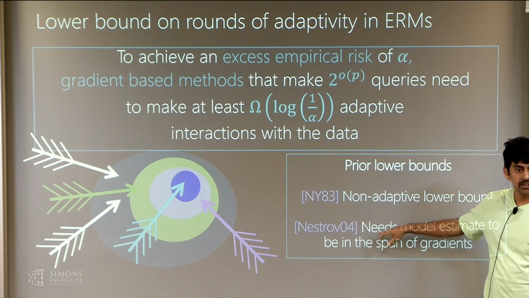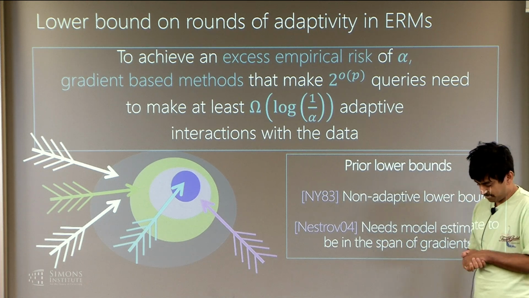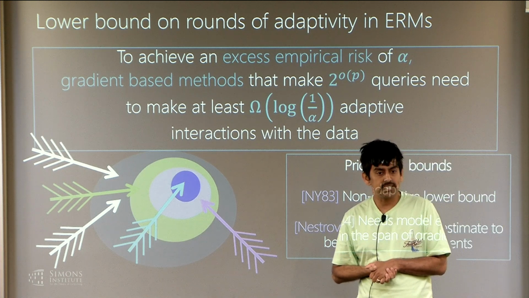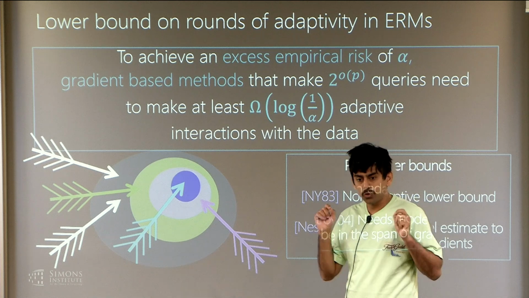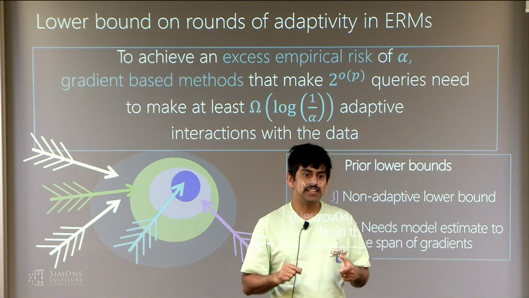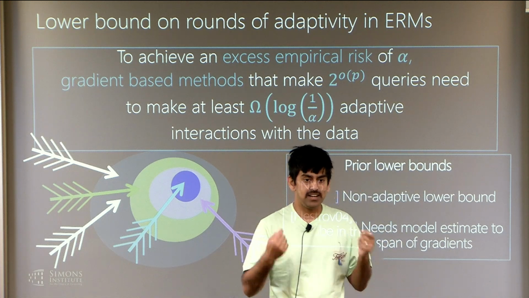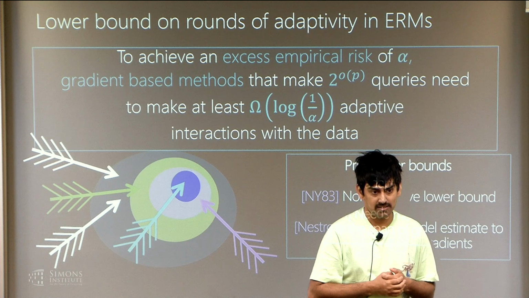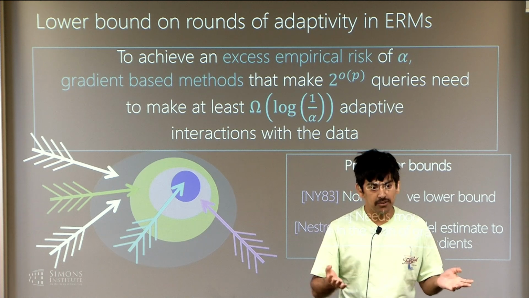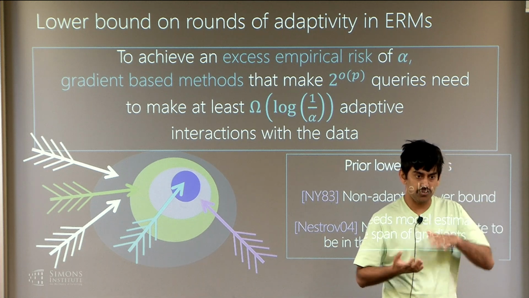Nesterov 2004 proved a lower bound for gradient descent type methods for the number of rounds of adaptivity, but he made a crucial assumption that the points over which you are making the gradient calls have to be in the span of the gradients which you have seen so far, which is typically true for gradient descent, not for private gradient descent, because you are dealing with a noisy process. So you will not lie in the span.